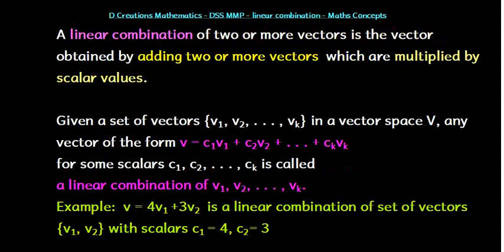In simple terms, if there's a set of k vectors v1, v2 up to vk, and corresponding k scalars c1, c2 up to ck, each vector will be multiplied by a corresponding scalar and then all of them will be added together to give the vector v. That means v is equal to c1v1 plus c2v2 plus dot dot dot plus ckvk.